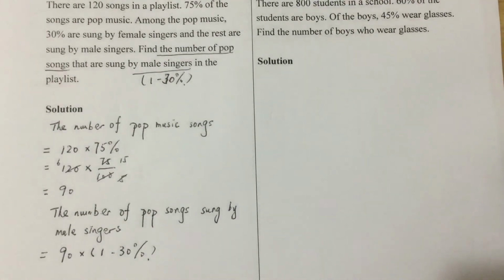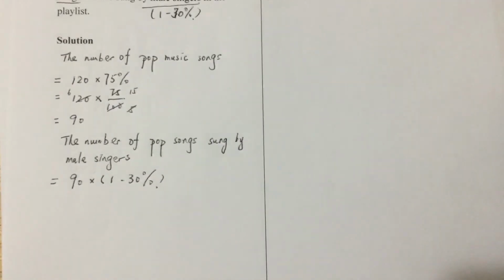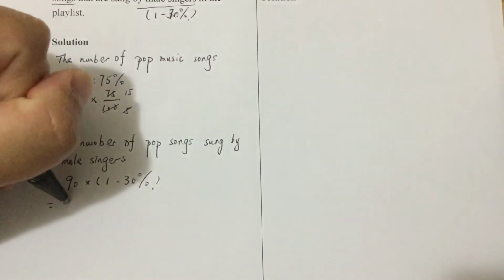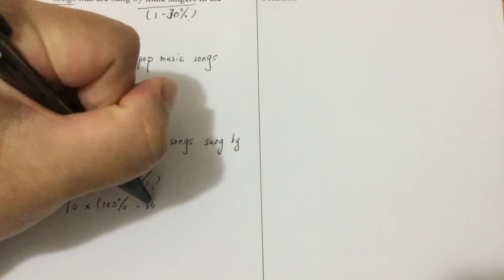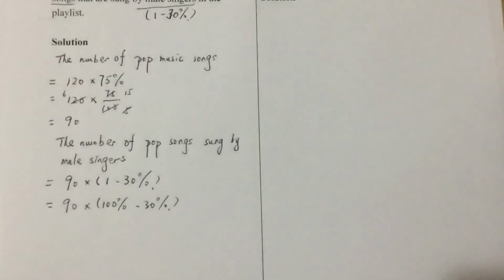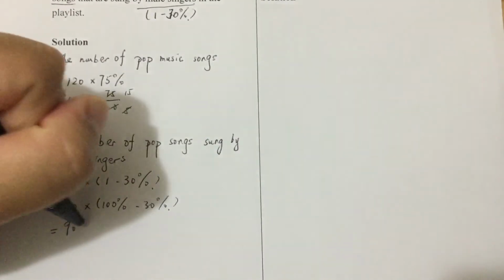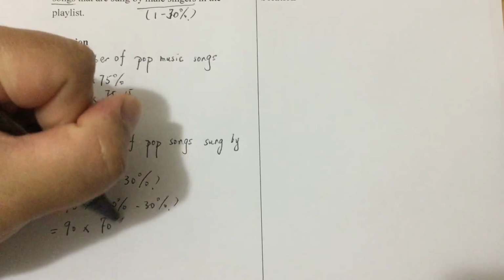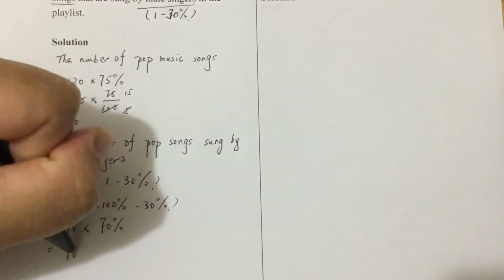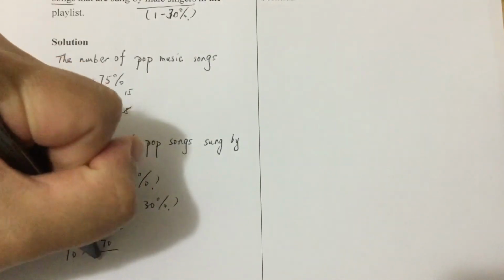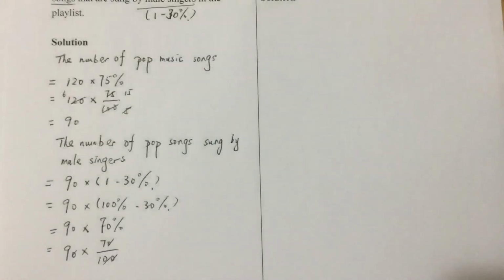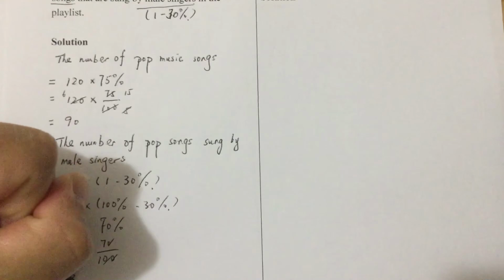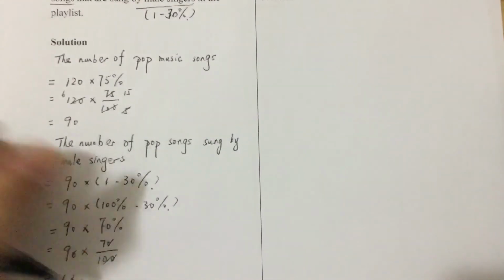We'll have something like this, and we move down, and then that is 90 times 100% minus 30%. Immediately, you have 90 times 70%, and then we can do the calculation. 90 times 70 over 100, cancel the 0. So you have 63. The answer is 63 songs.